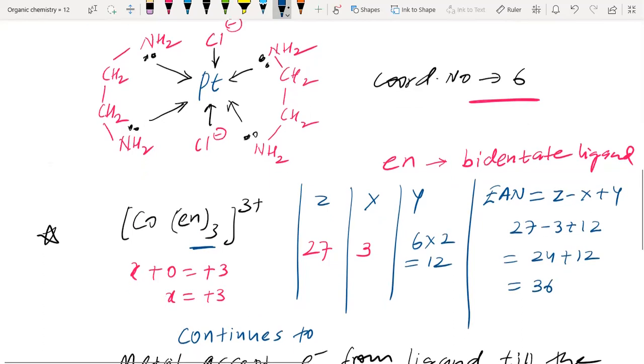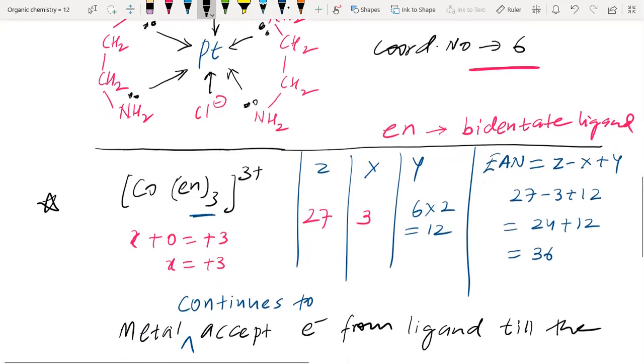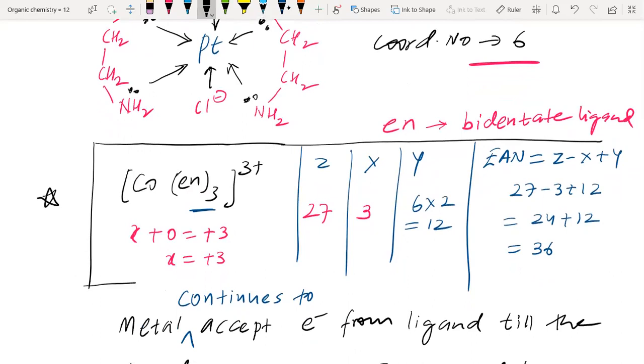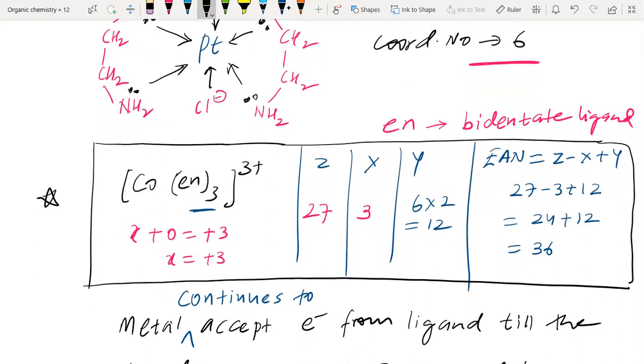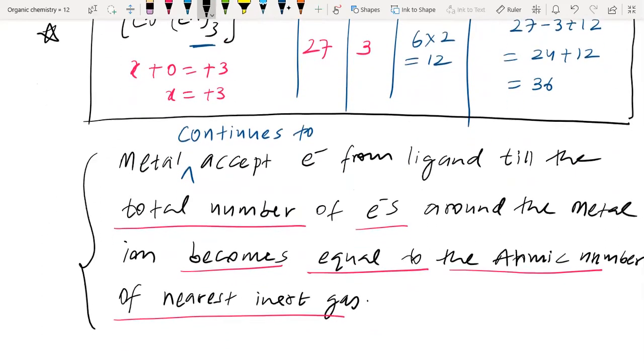This is another example which I gave here to understand this concept better. As you see here, this is a very important statement about EAN.